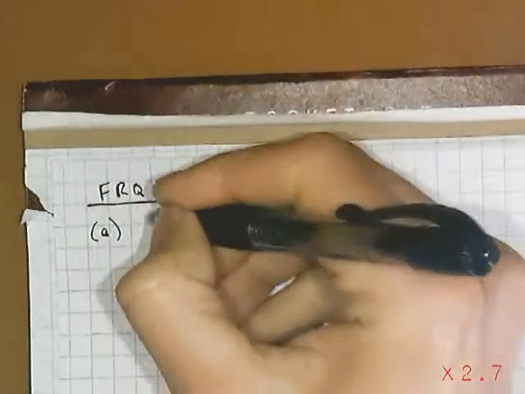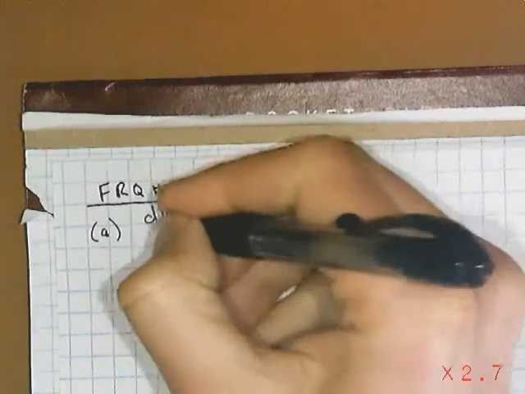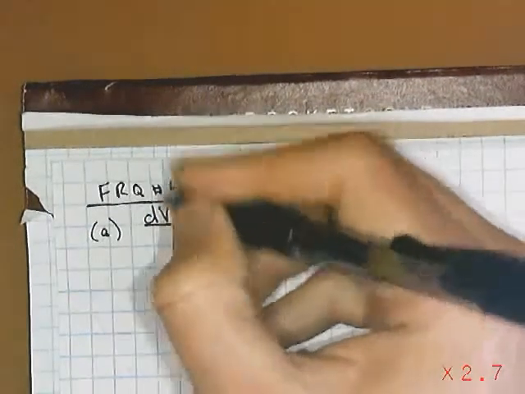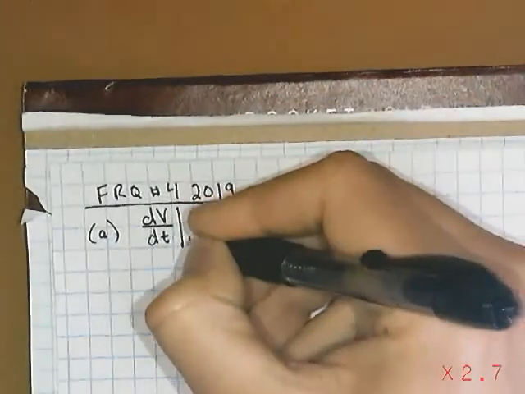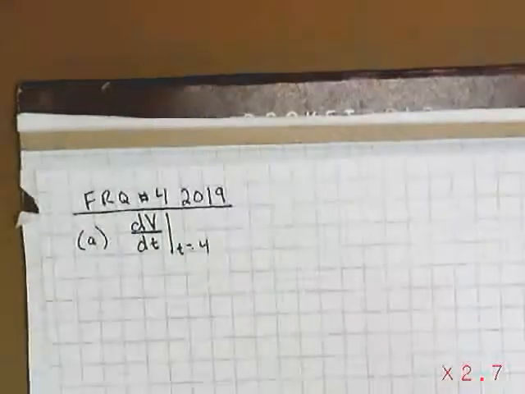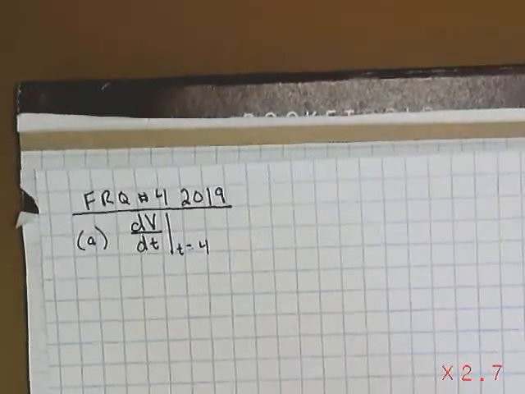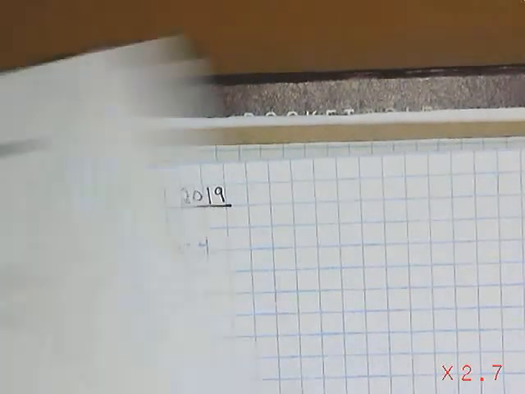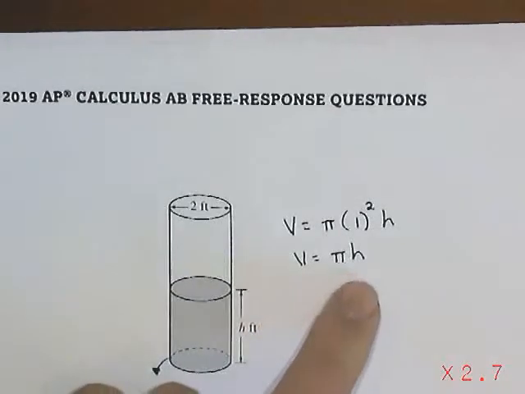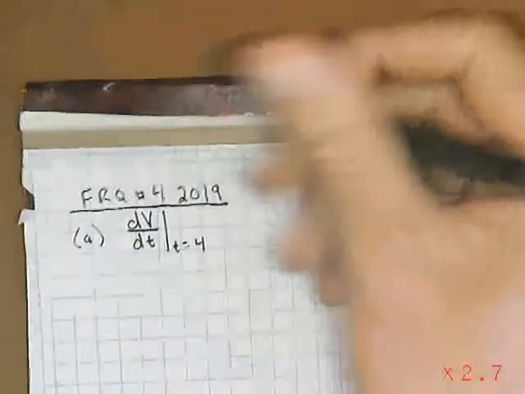So part A is inquiring about the rate of change of the volume, otherwise known as dV/dt, when t equals 4. Okay. Well, we just took a little bit of time to convince ourselves that the volume at any given moment is pi h because of this little relationship here.